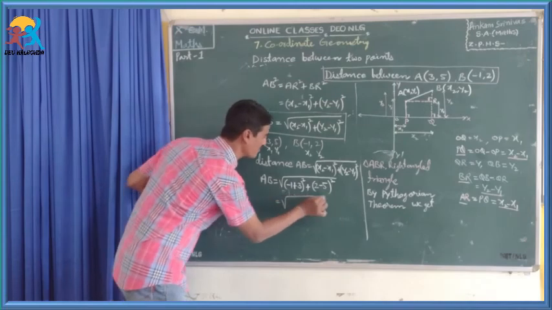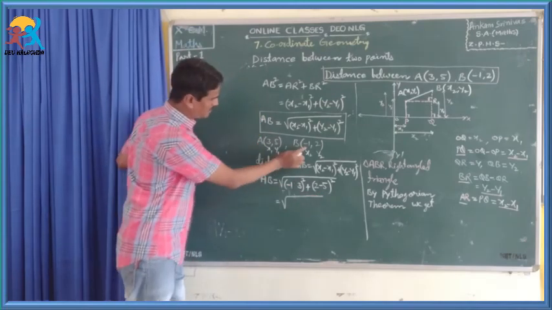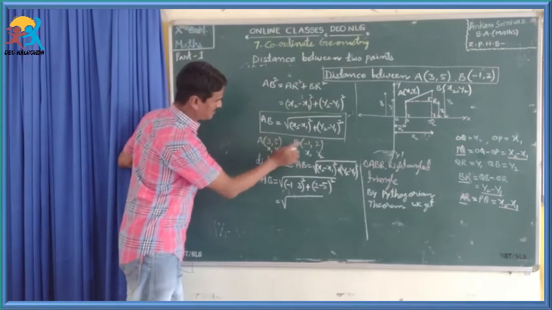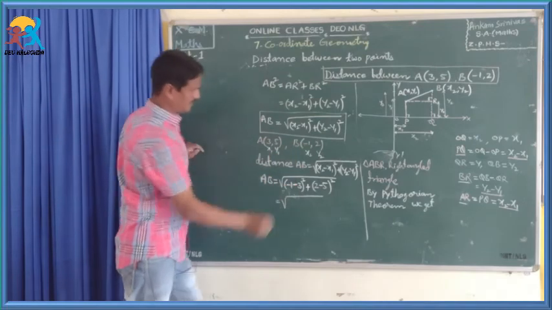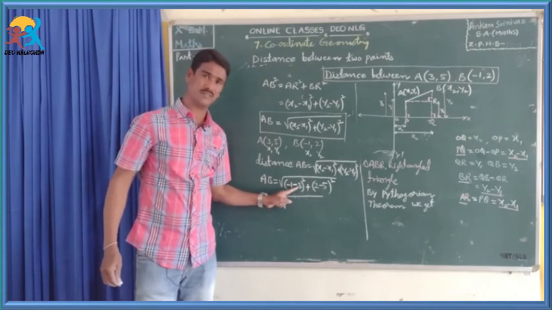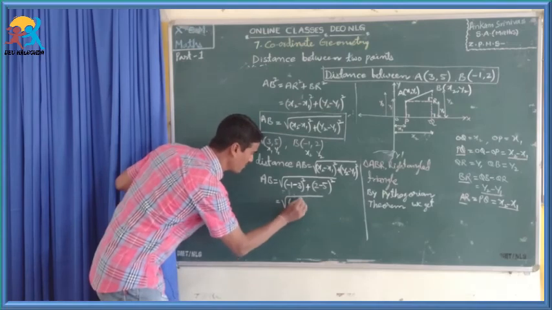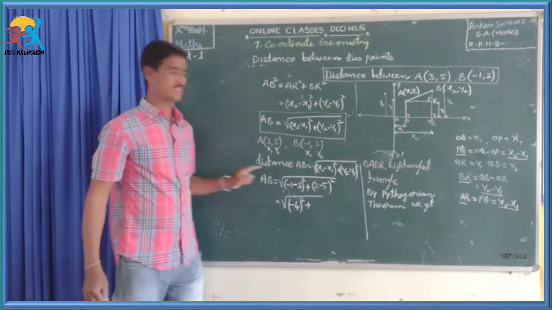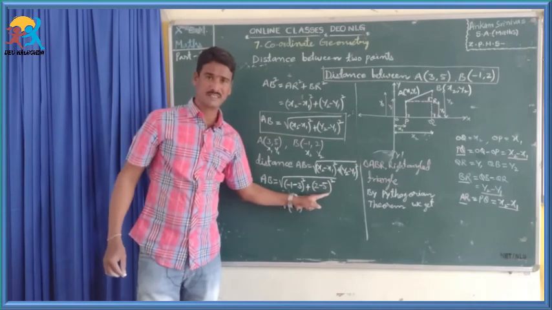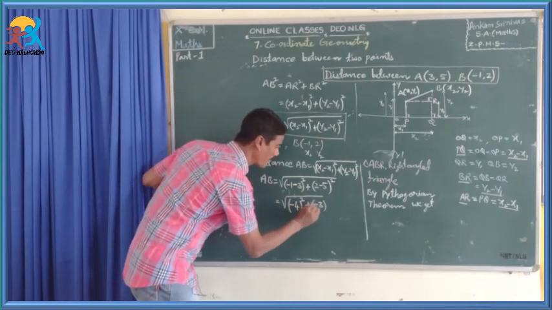Now what is x2 minus x1? Minus 1 minus 3, and both are negative. The sum of two negative numbers becomes negative, so it becomes minus 4 whole square plus 2 minus 5, which becomes minus 3.